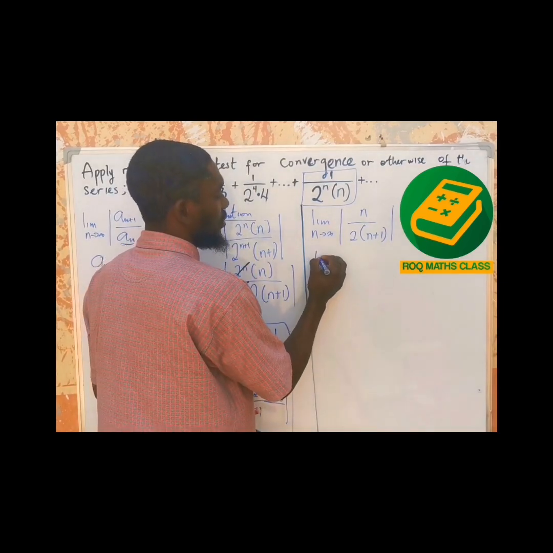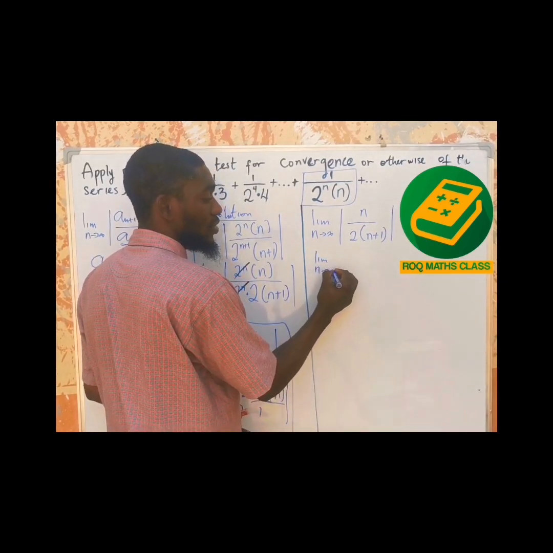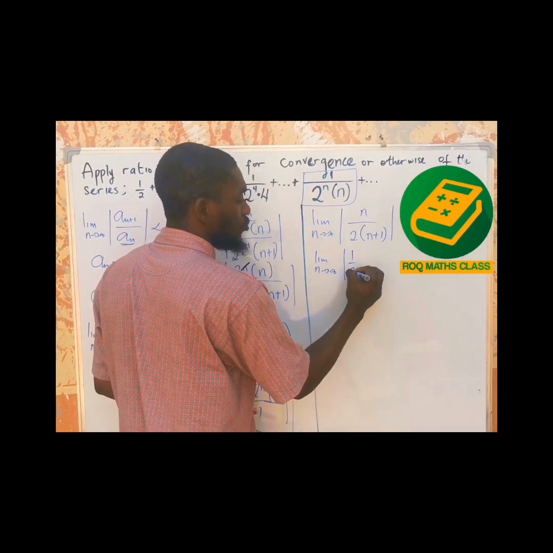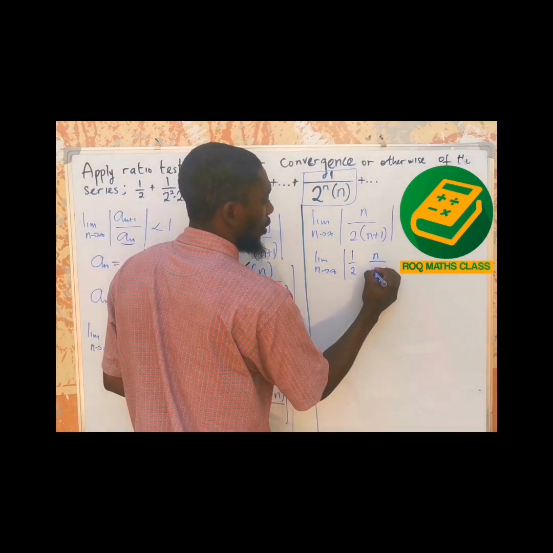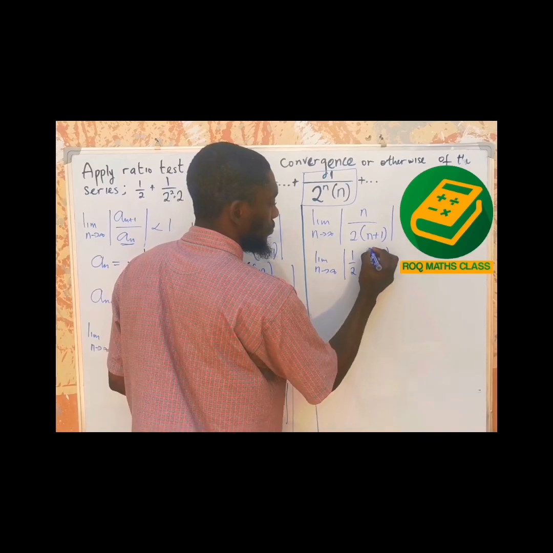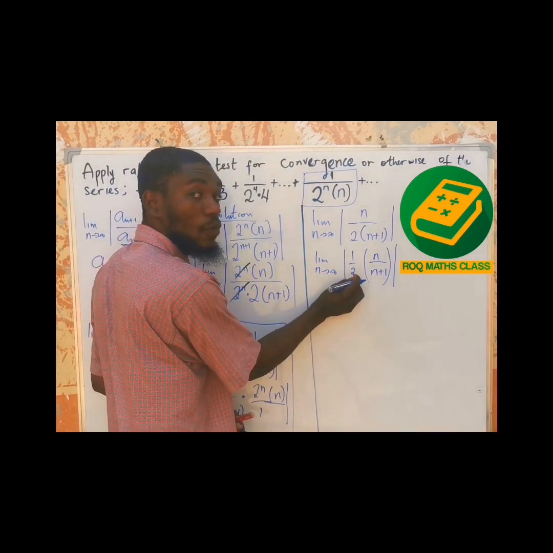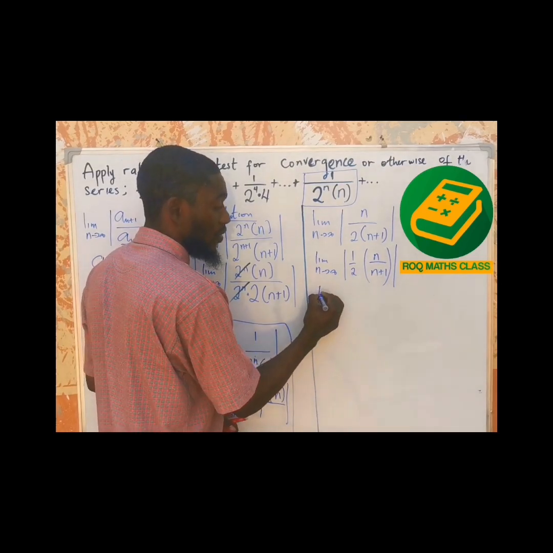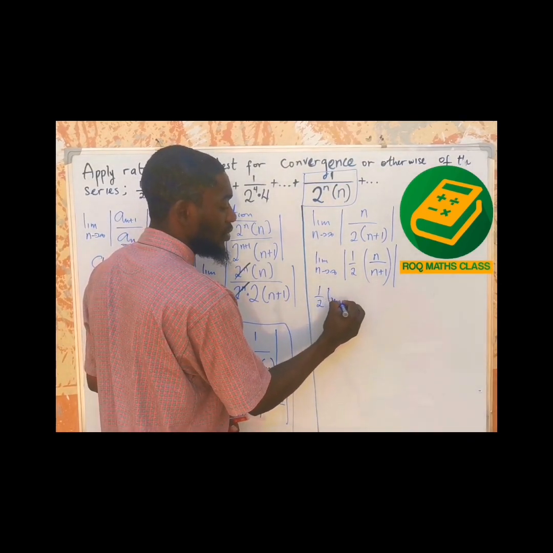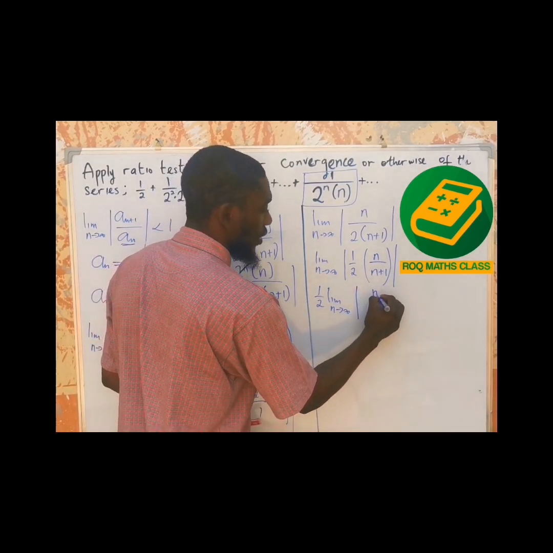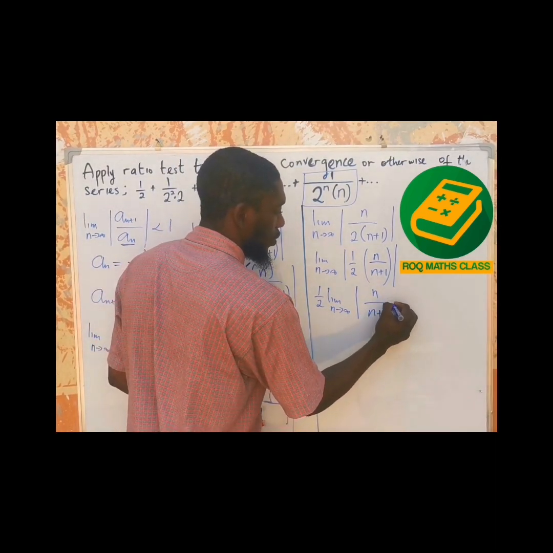This can be written as the limit as n approaches infinity of 1 over 2 times n over n plus 1. So I can factor out 1 over 2, then the limit as n approaches infinity of the absolute of n over n plus 1.